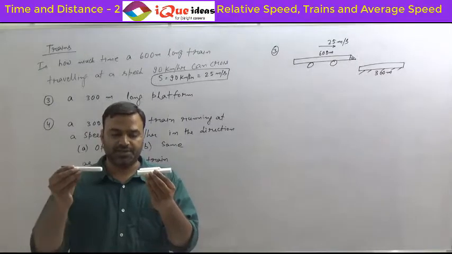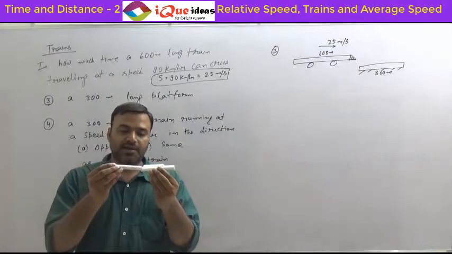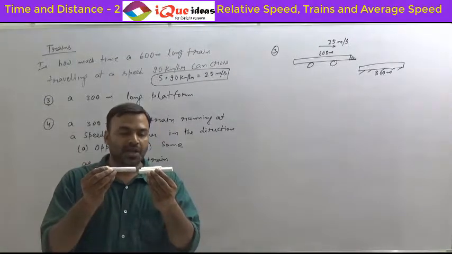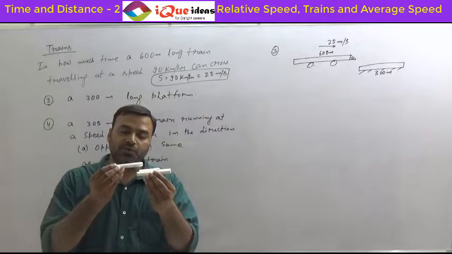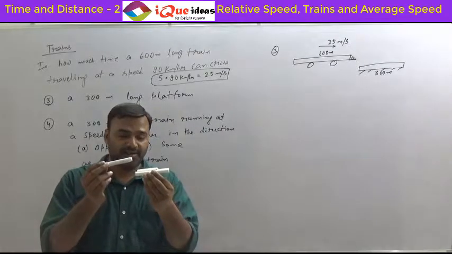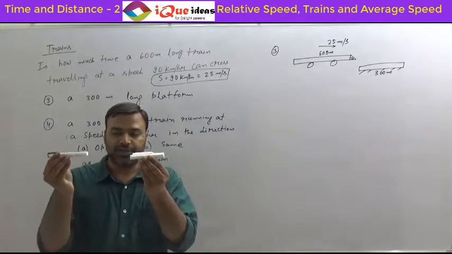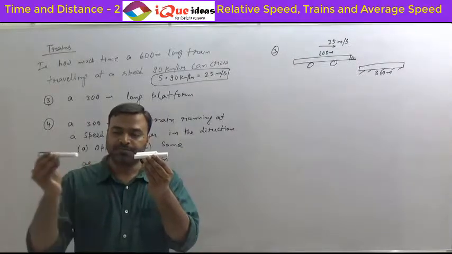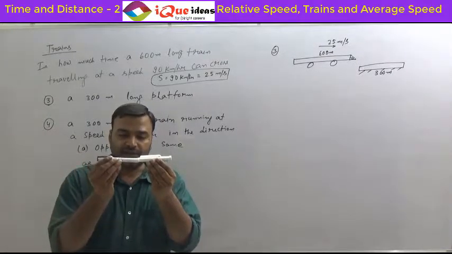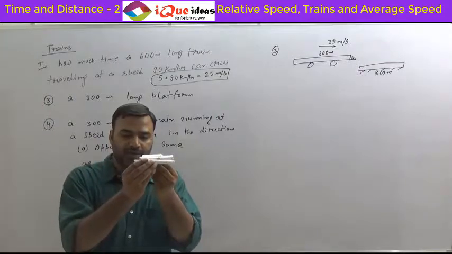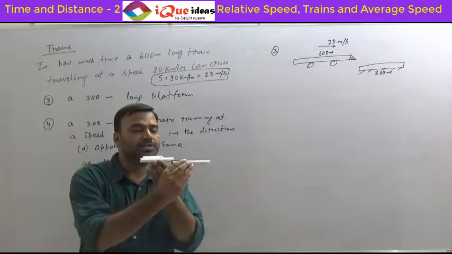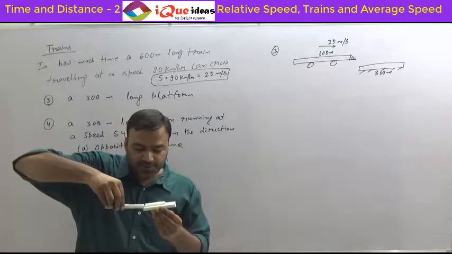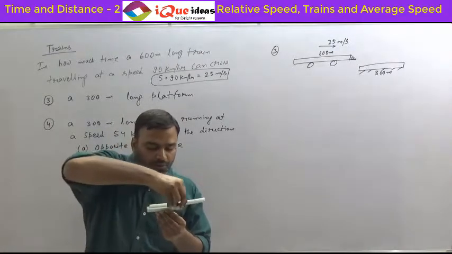When the train's head touches the first point of the platform, we start counting. Now it could be a platform, it could be a bridge, it could be a stationary train. The same thing in all cases. So we start counting when the head approaches this position, then continue, and then stop counting when the train has gone from this position to this position.